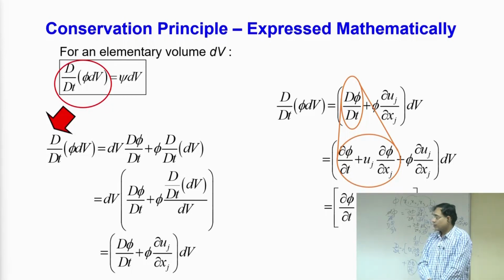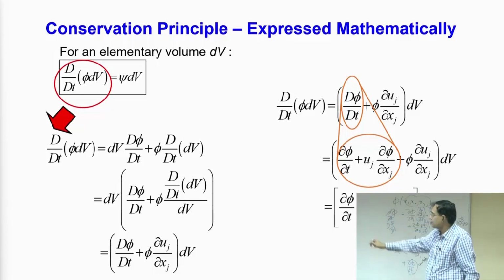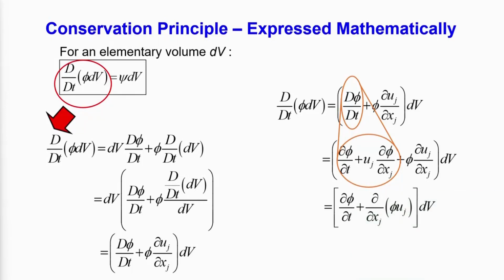So what we are doing is writing this in terms of dV into the entire change. If you are looking at the right hand side, what you are doing is, if you look at that capital D/Dt of dV, what is this?